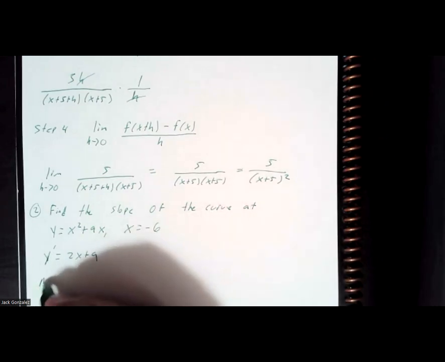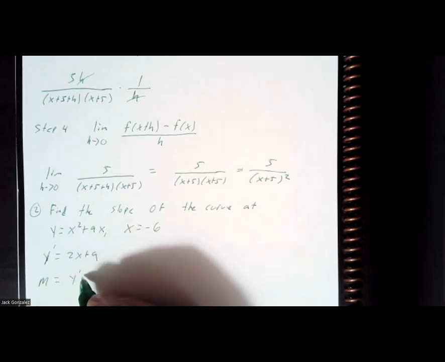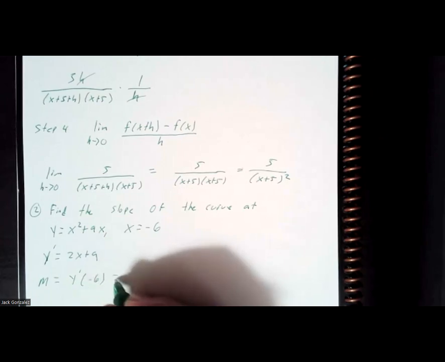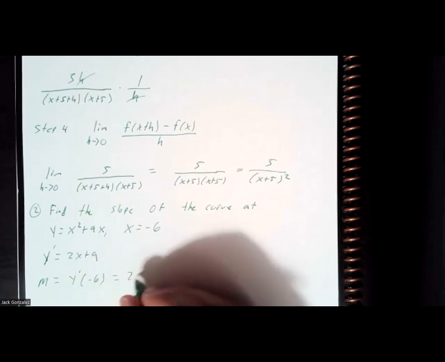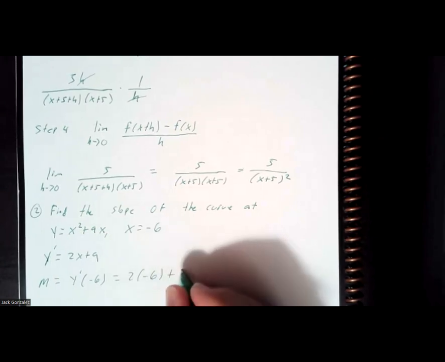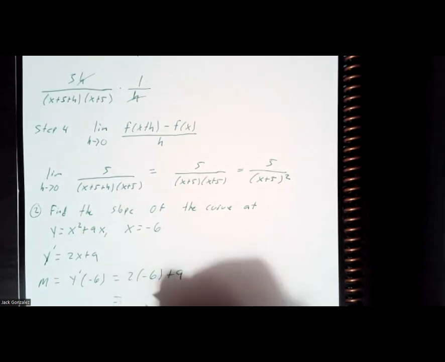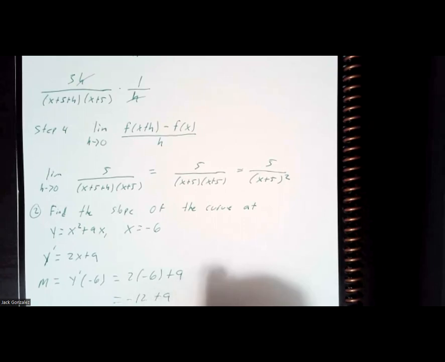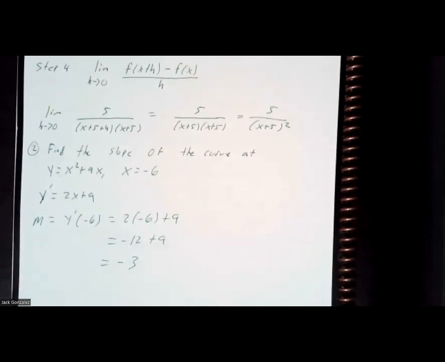So the slope would be equal to the derivative at -6, which is 2 times -6 plus 9. What is that? -3. Yeah. Which is C. Okay, so that one's pretty easy.